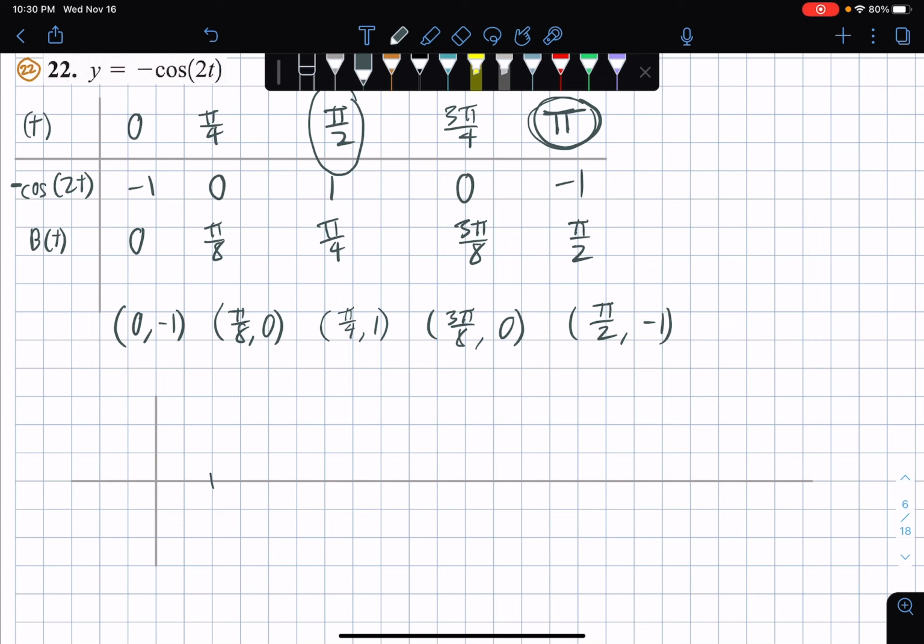So our x values would be pi over 4, pi over 2, 3 pi over 4, and pi. I'm sorry about that, it's 3 pi over 4, not 3 pi over 2. Of course, point of origin 0, the amplitude positive and negative 1.